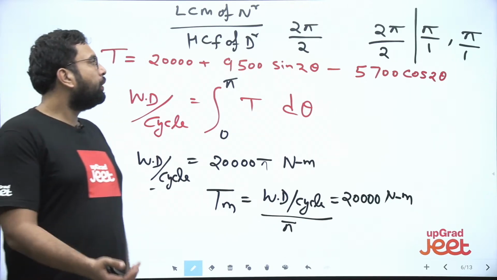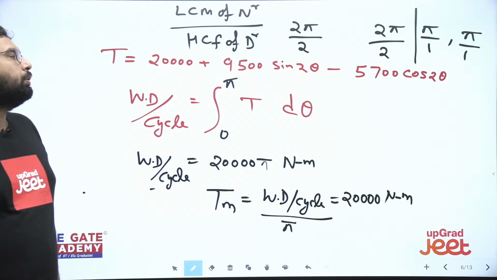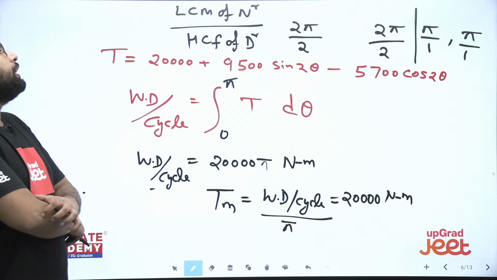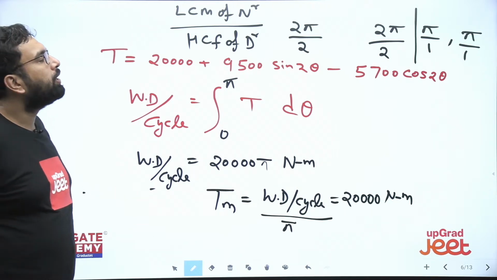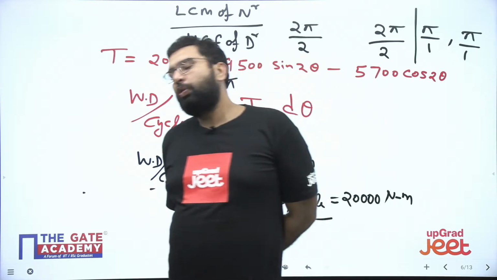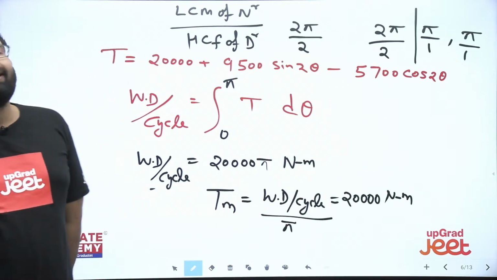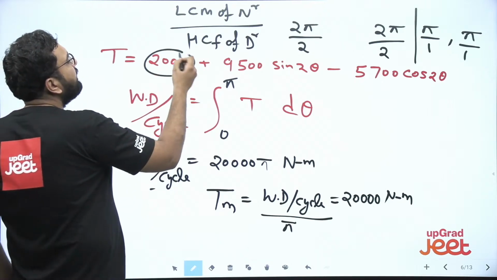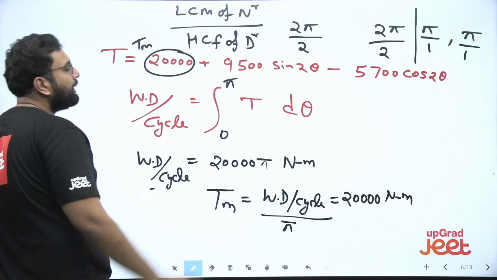Now there is one quick thing also. If you see this relationship, T is equal to 20,000 plus 9,500 sine 2 theta minus 5,700 cos 2 theta, without any integration you can also say that this is your T mean. Sir, how can we directly say?